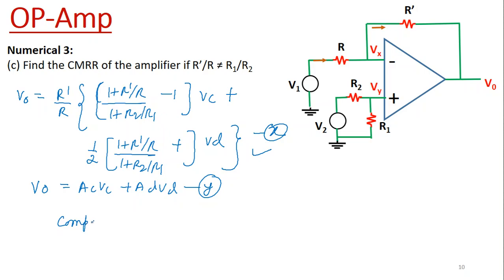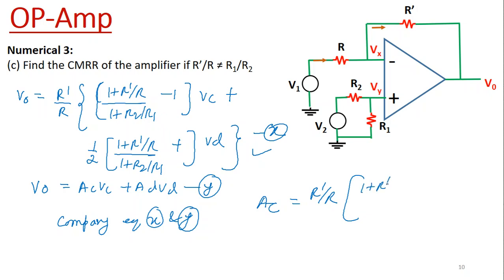Comparing equation number x and y, we have AC is equal to R dash by R whole multiplied by 1 plus R dash by R divided by 1 plus R2 by R1 minus 1.